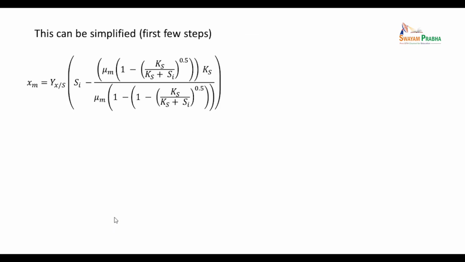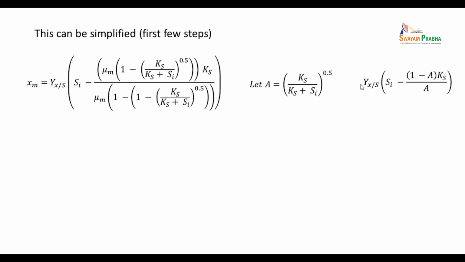So this can be simplified. The first few steps are shown here. This is the starting expression, and for simplicity, I take a to represent Ks by Ks plus Si to the power of 0.5. I am showing these steps because I can quickly show them to you, not like the other derivations which would take a long time. And therefore you could write this as just the right hand side alone.